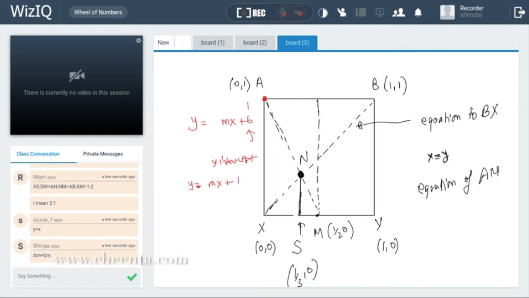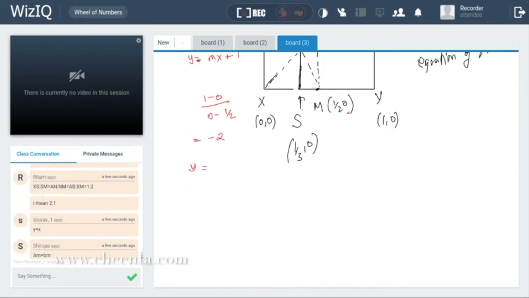Now we need the slope. The slope is the difference of y values divided by the difference of x values, so that's negative 2. So the equation of the line is y equals negative 2x plus 1.